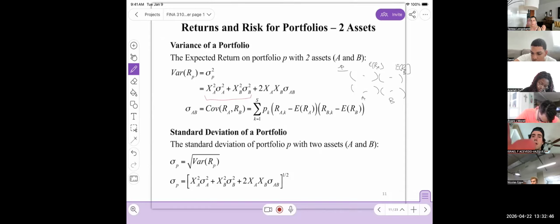It's not that bad when you get the pattern, okay? So you're doing the deviations from the mean of A and B, and then you're going to weigh them by probability and add them up. Can you try that? That will give you the covariance, and then we have to put everything together.